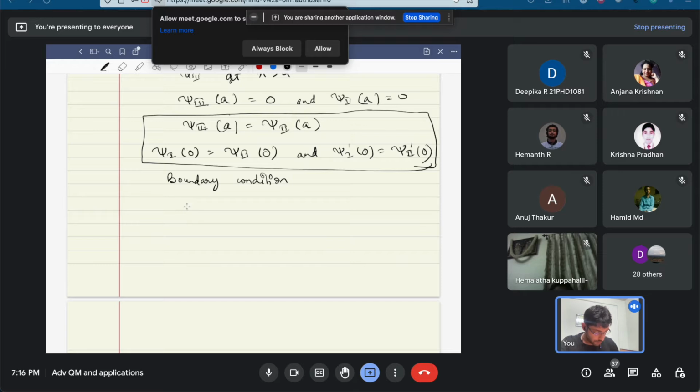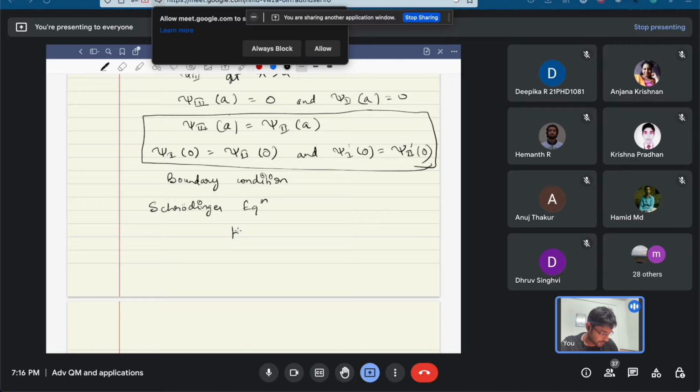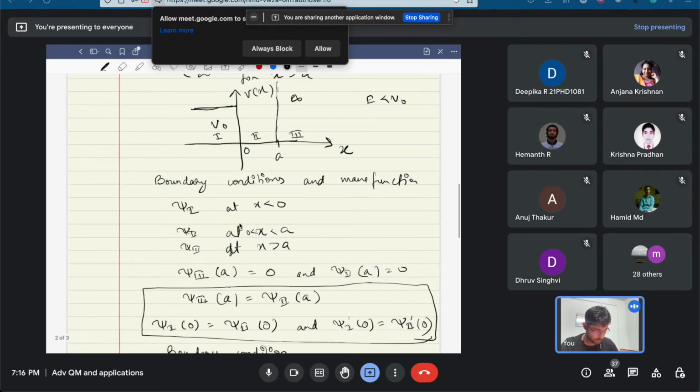Now, solving a Schrodinger equation, essentially what we are going to solve is H psi equal to E psi, where H is the Hamiltonian and E is the eigenvalue corresponding to that Hamiltonian. Now here we have the potential that I have shown, so I should write the corresponding Hamiltonian for this potential.